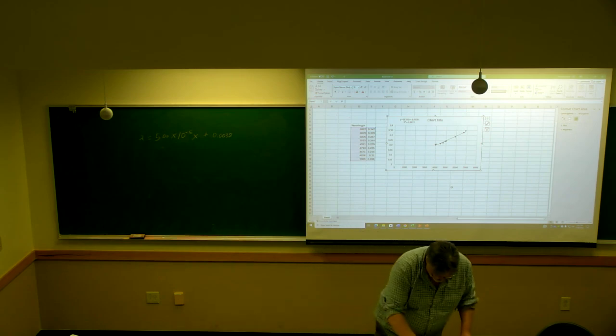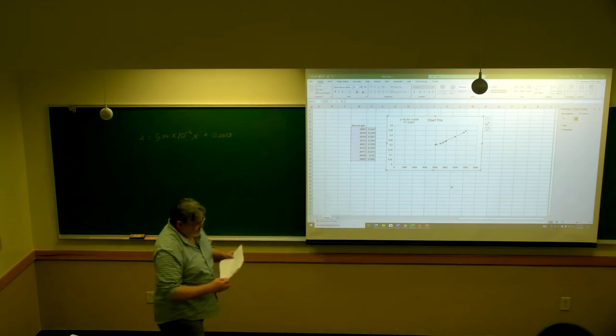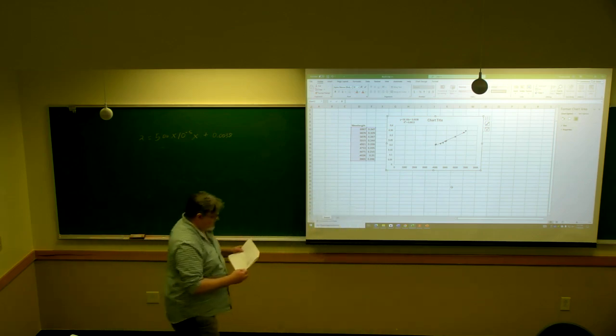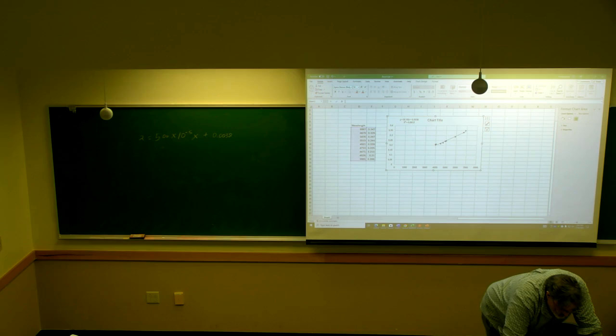So sine of the angle, and then what you'll do is take sine of the angle, it's this equation.